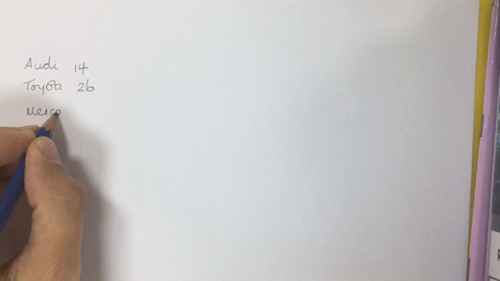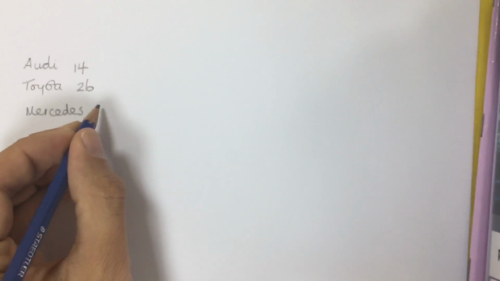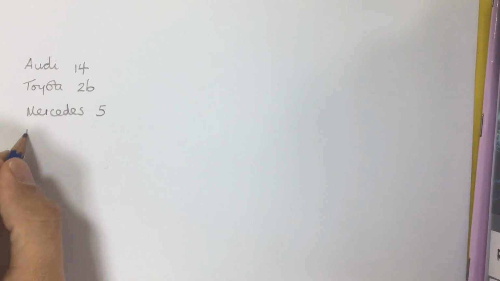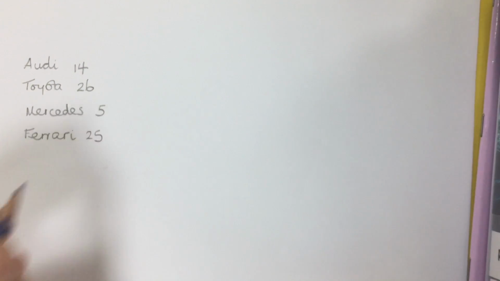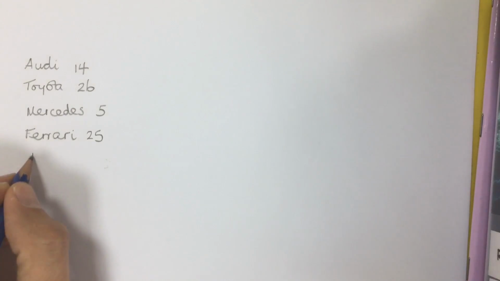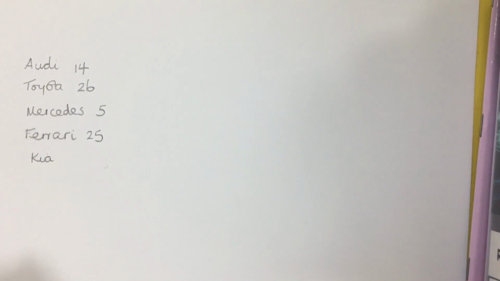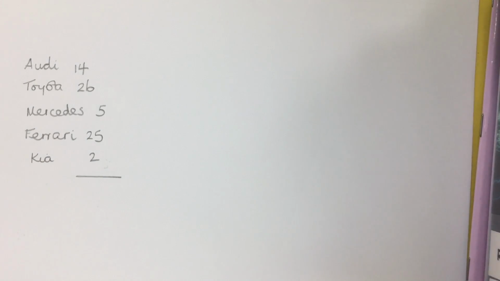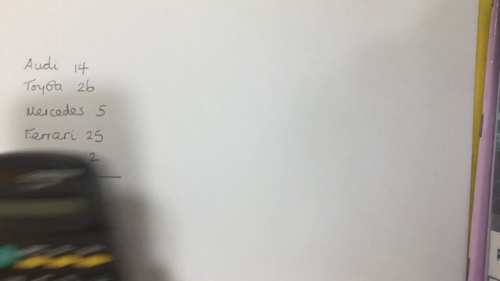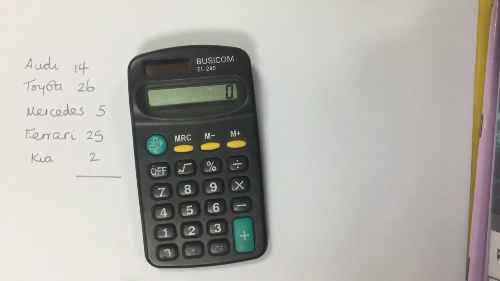Mercedes scores 5, Ferrari scores 25, and Kia received 2 votes. Now, this example is going to be slightly harder than the first one I did, so I'm going to bring in the calculator to help me.